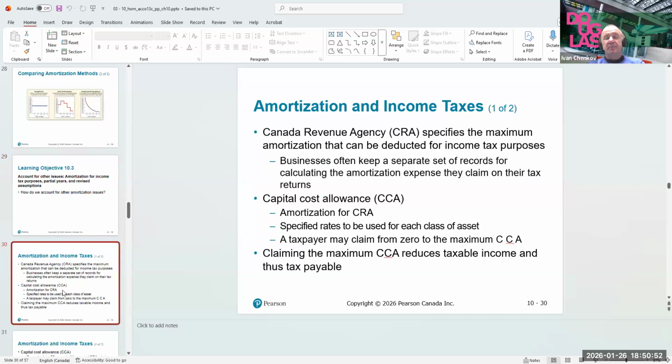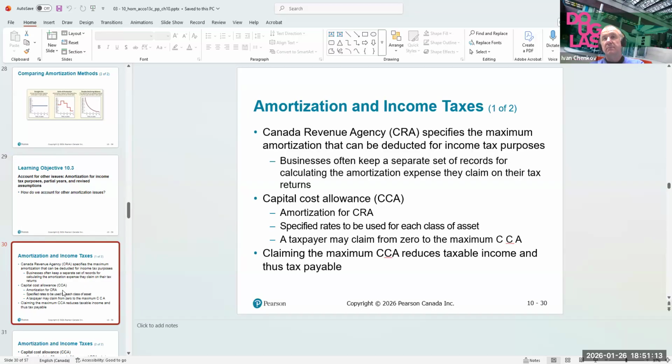For income tax purposes, income tax is always tricky. For those of you who are going to continue with accounting, you're going to see Canada Revenue doesn't accept the amortization methods which are used in accounting.